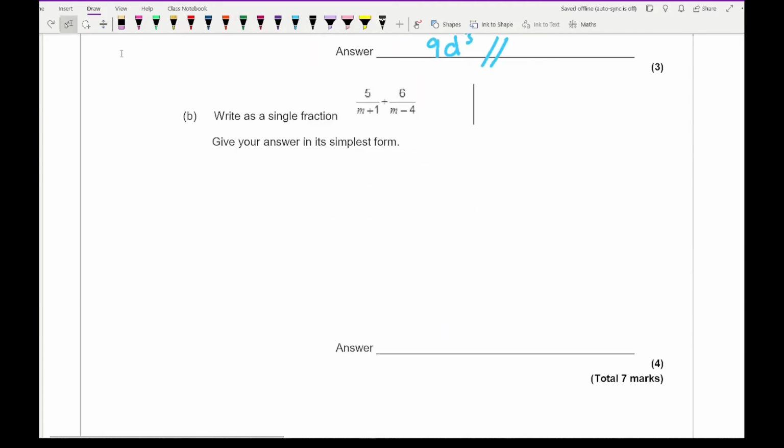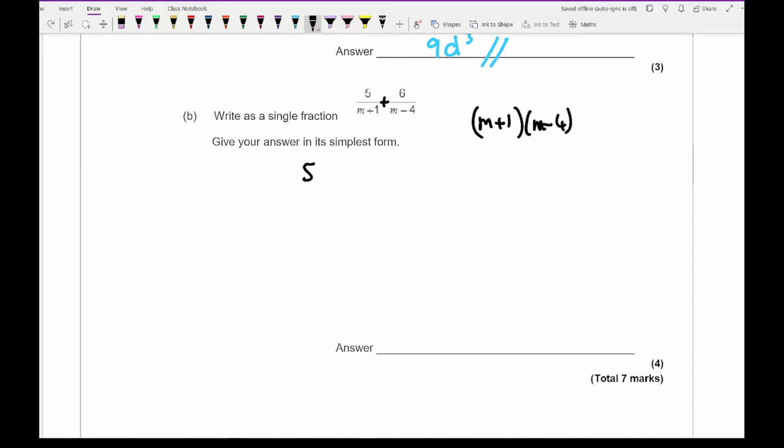Then moving on to question B, it says to write as a single fraction. So again, that there is a plus. So then here my common denominator is going to be m plus 1, m minus 4.